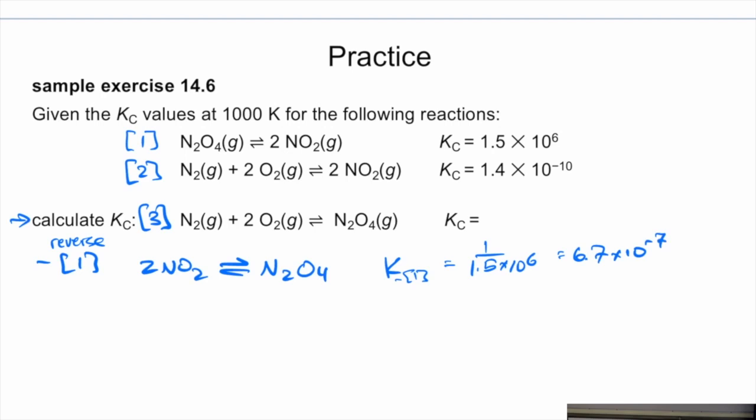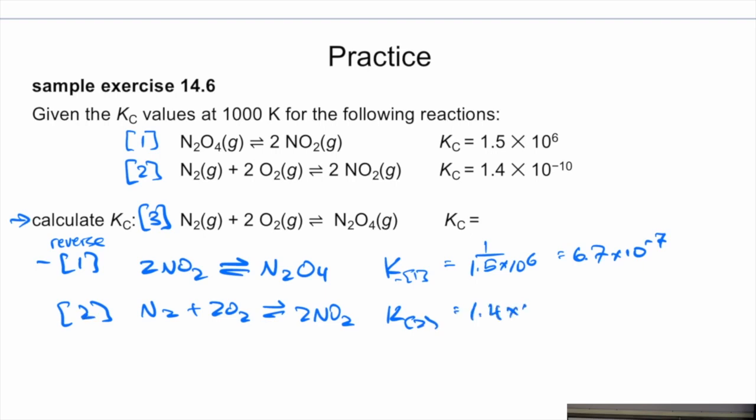Okay? And then what do we do to reaction 2? Anything? No. So let's just keep number 2 the way it is. N2 plus 2 O2 is in equilibrium with 2 NO2. That K is just what we started with.